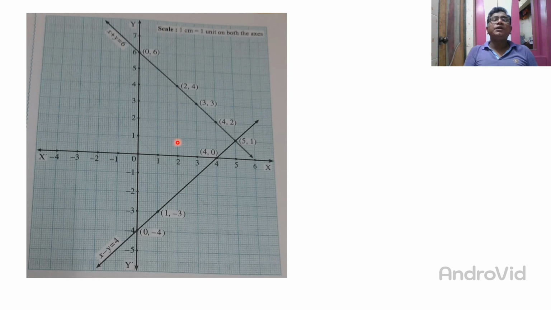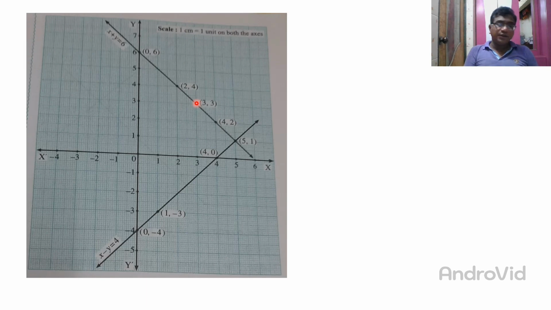Then another point is 3 and 3. So this is x-axis 3. I remain on x-axis 3. Where do I want to go? I want to go to y-axis 3. So here is the y-axis 3. In such a way I get the point 3 and 3. That point is plotted there.